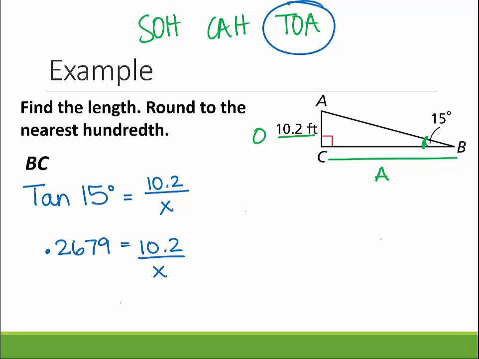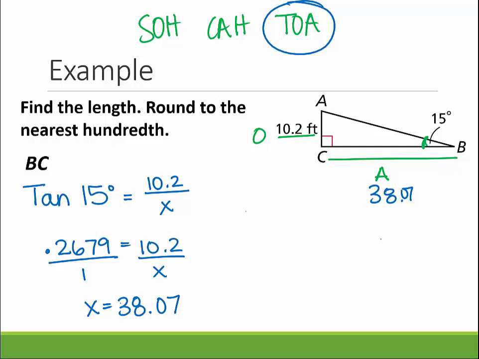And now to find x, we can do some quick cross multiplication and some solving. And you end up dividing 10.2 by this 0.2679. So you get the x is 38.07.